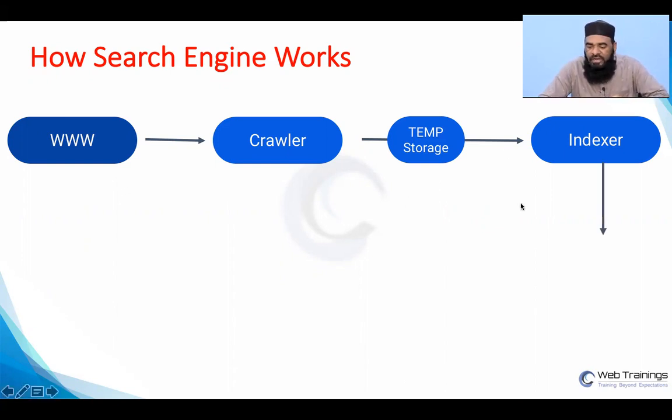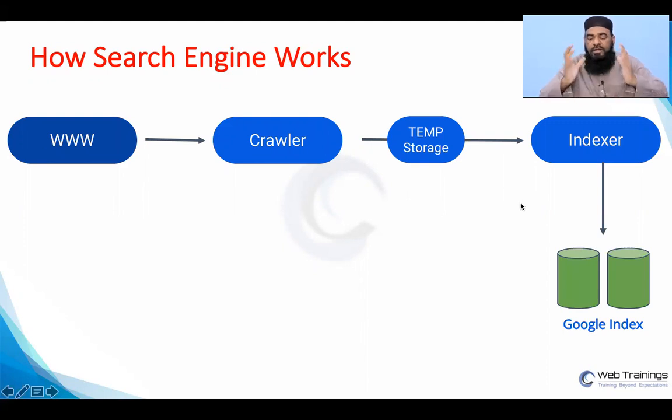Google has millions and millions of databases in the backend, where for every single topic they have backend data, classified as the biggest database in the world, which is the Google index. Each and every page which is crawled by Google is technically stored in this one database itself.